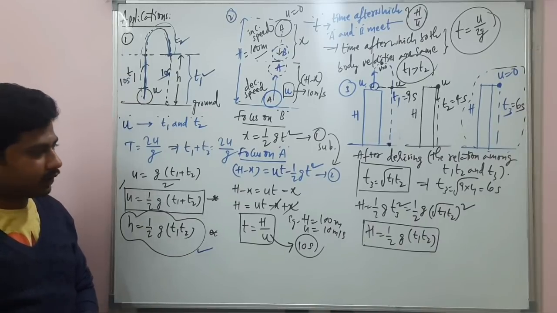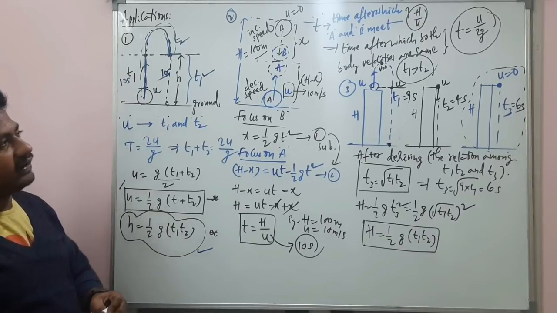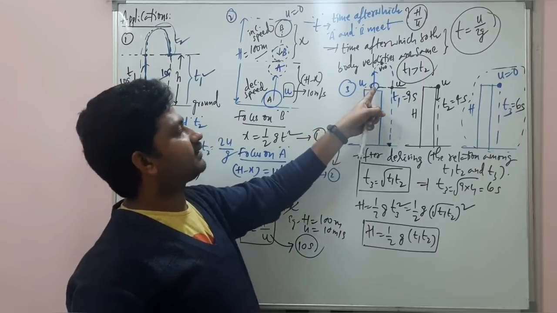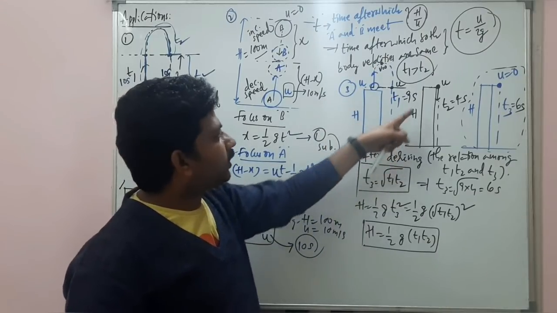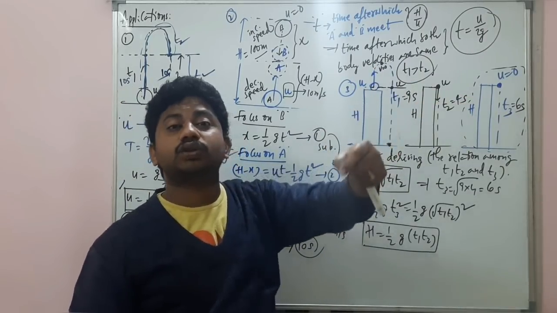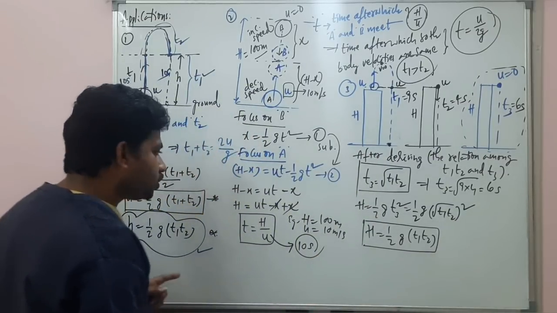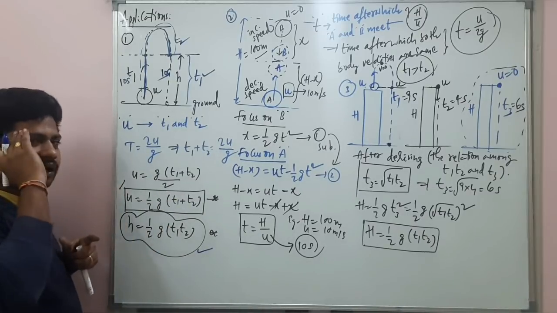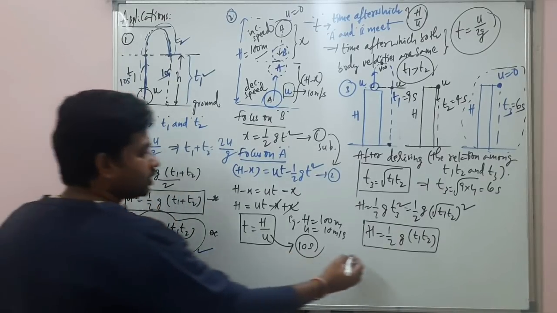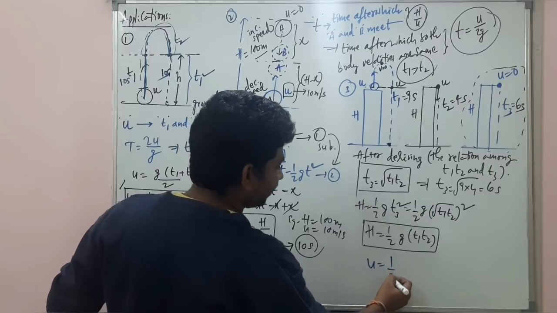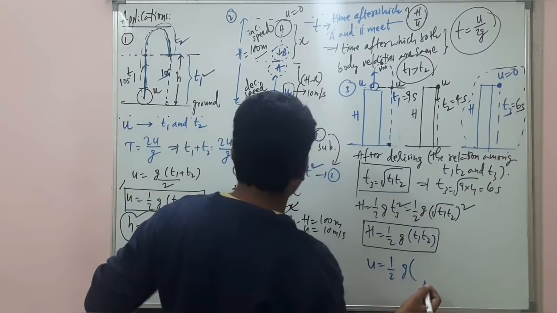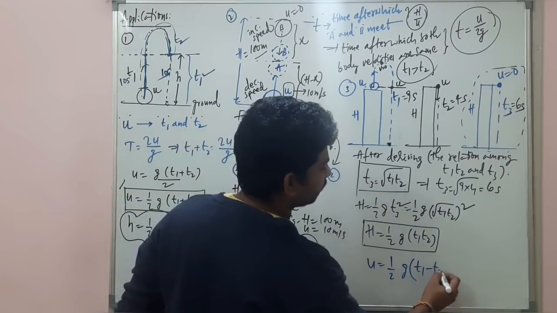Right? Now, here also you can find the initial velocity. With what initial velocity was the body thrown upwards? With what initial velocity was the body thrown downwards? That initial velocity you can find out. So you can easily try to recollect it from this one. So u is equal to half into g into T1 minus T2.